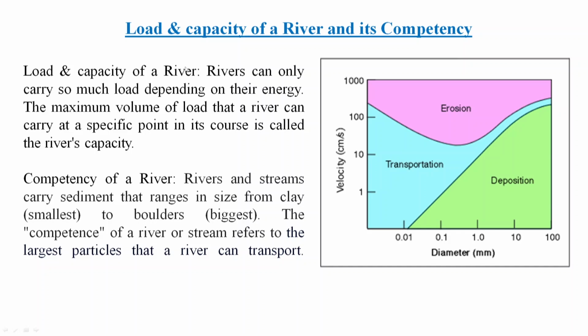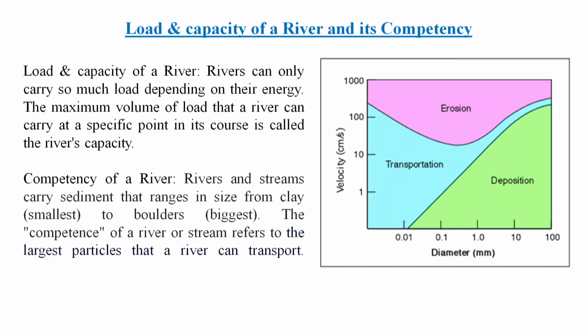Here I would also like to mention that there is a small difference between load and capacity. The maximum volume of load that a river can carry is the capacity of that river, but the amount of load that a river is actually carrying is the load of that particular river.